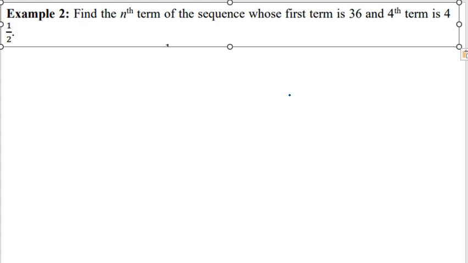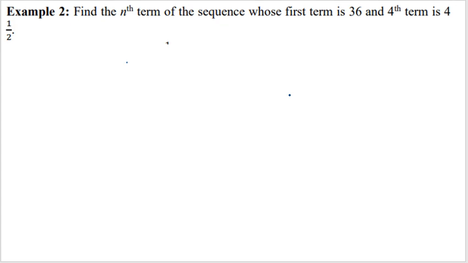Let's take our time and solve it together. Solution. We are assuming that the sequence here is GP, even though the question never stated it, because we are dealing with GP.